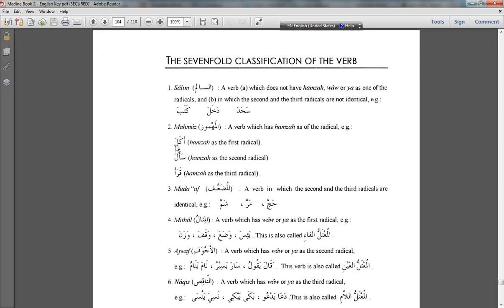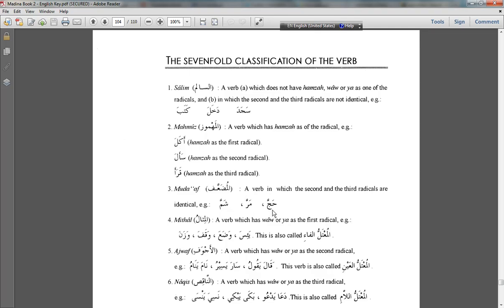So hamza as the first radical, sa'ala, hamza as the second radical, in the middle, qara'a, hamza as the third radical or root letter.